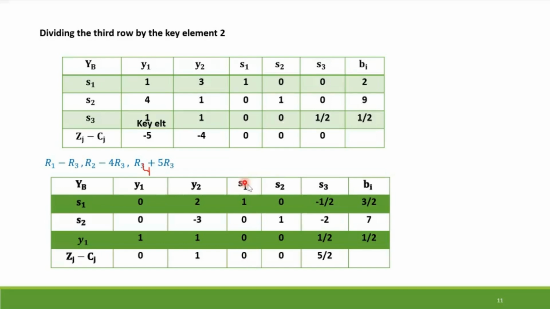Since S1 was added to the first constraint in the dual, the value of the first variable will be equal to 0. So I will get x1 equal to 0. S2 was the variable which was added to the second constraint. And the second constraint corresponds to the second variable in the given problem. So x2 is also equal to 0. Similarly, S3, and that is equal to 5 by 2. The solution is x1 equal.